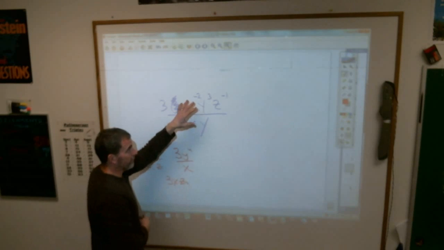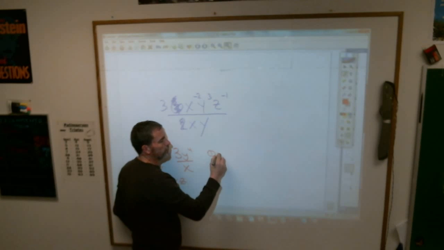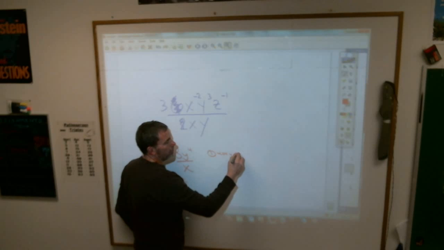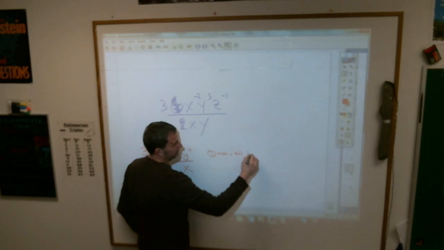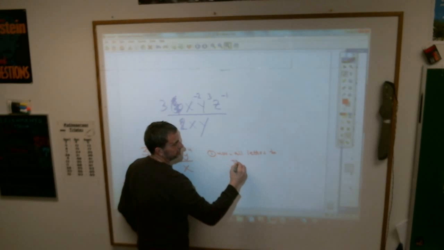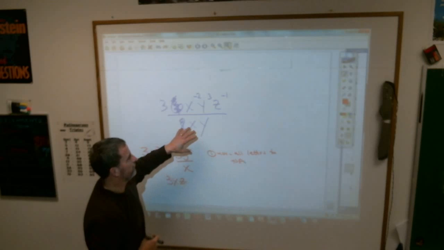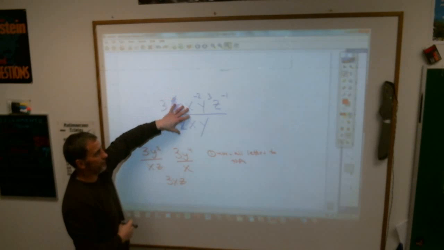So what I would do if I saw this type of fraction, step number 1 is I would move all variables or letters, if you will, to the top. Because I want to be able to put them together if they're the same, and it's kind of hard for me to do when some are on top and some are on bottom.